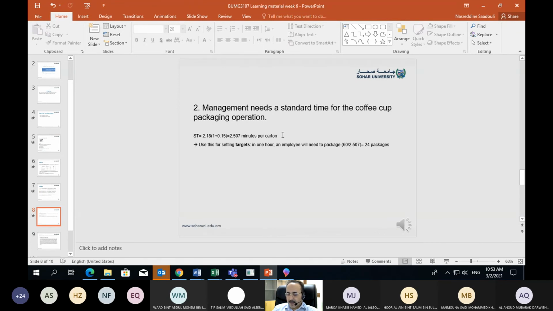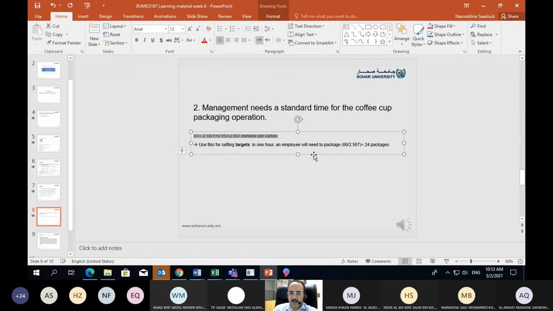Now, as I said at the beginning, this is usually used to make some further decisions. When I have the standard time, now I can use this value for setting targets. So for instance, the standard time is 2.507 minutes per carton.